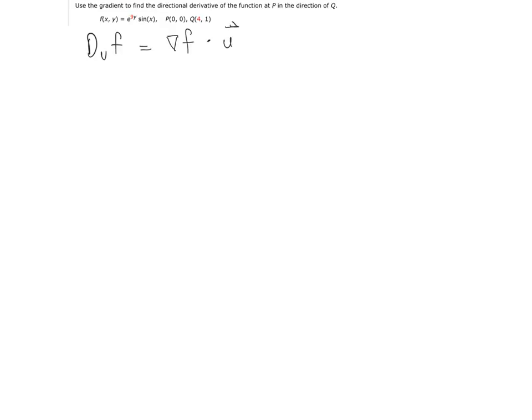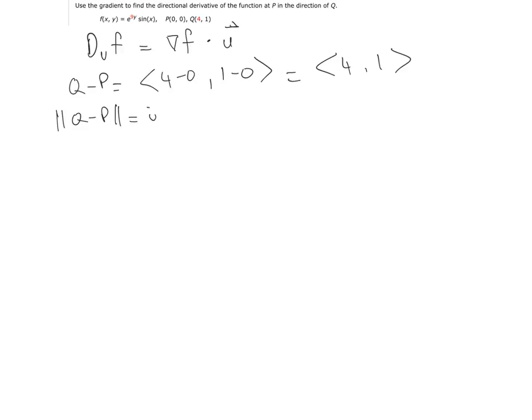So to find a unit vector, first we're going to take q minus p. You would have 4 minus 0, 1 minus 0. You should get 4, 1. And now you can divide it by the magnitude of this vector, q minus p.